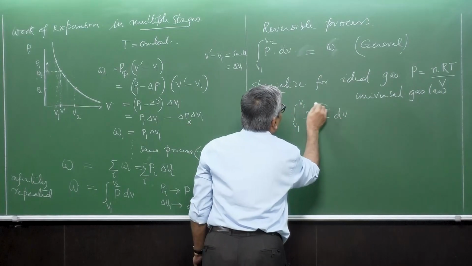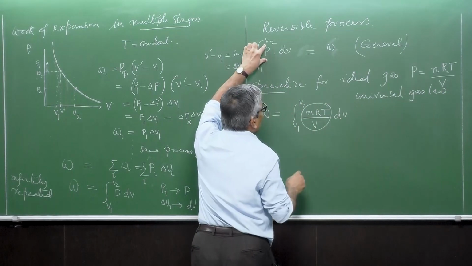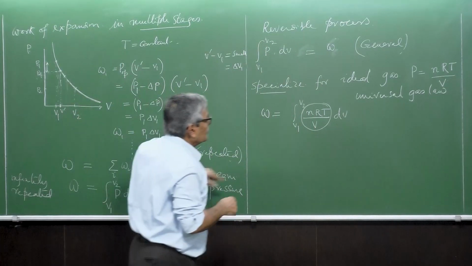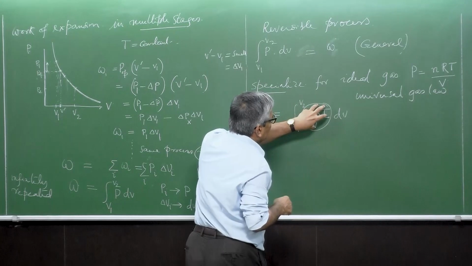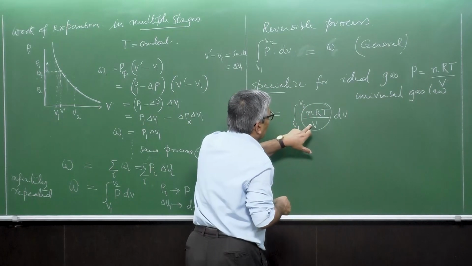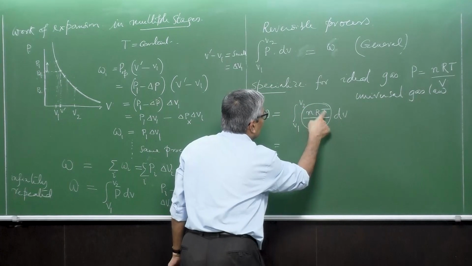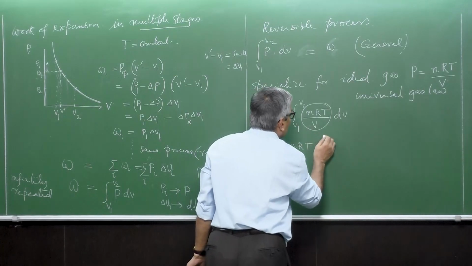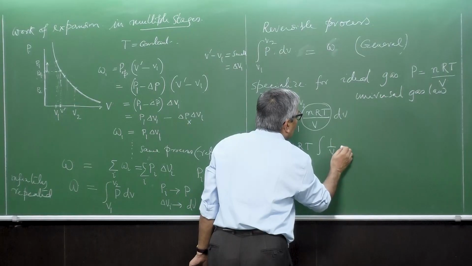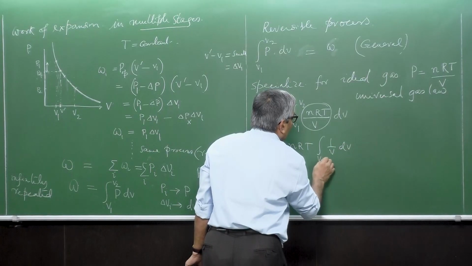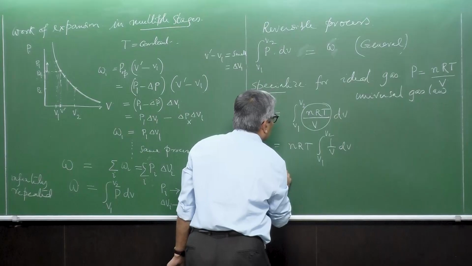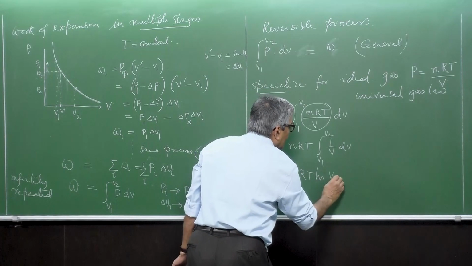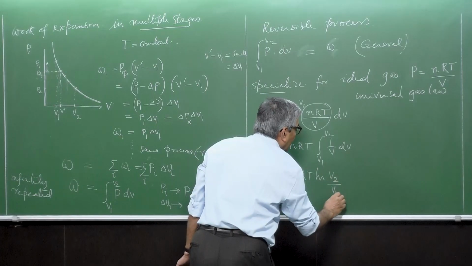I know how this P changes with V according to this curve all throughout, and this is replaced by nRT by V. Since temperature is always constant, you have nRT times the integral of 1 by V dV from V1 to V2, and that is equal to nRT ln of the volume ratio V2 by V1.